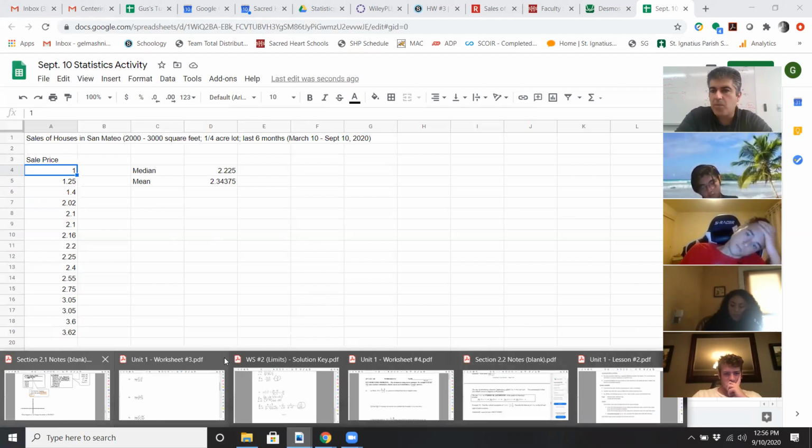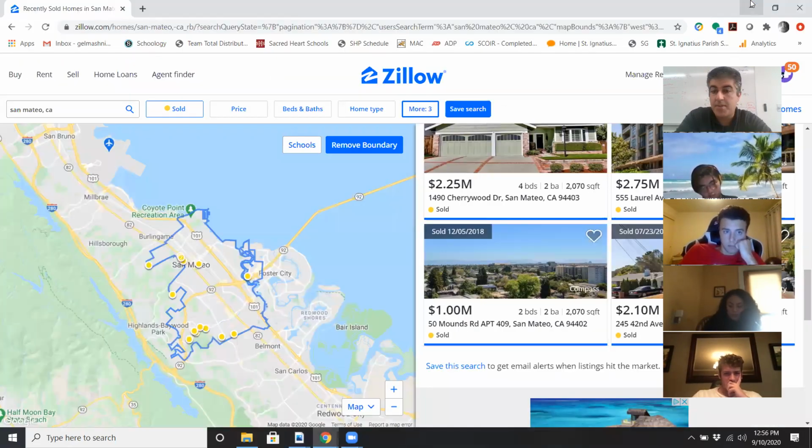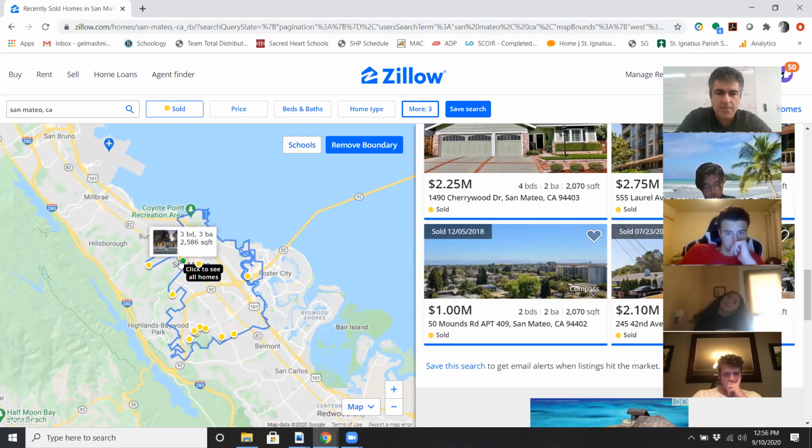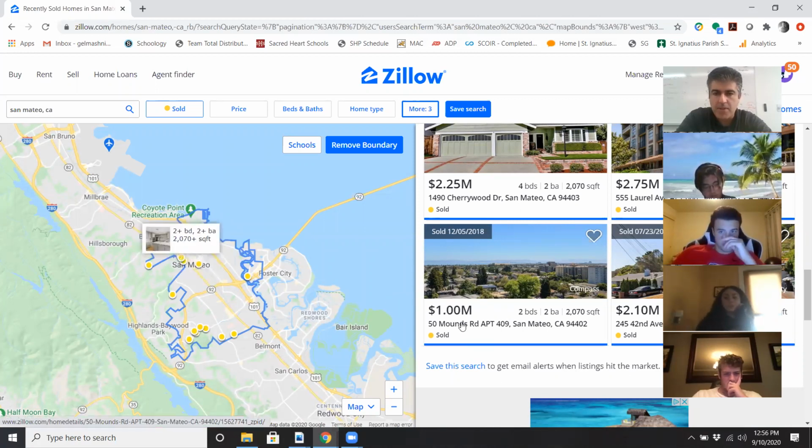So that's an example of skew. And that's just kind of a real life example, looking at sales of homes in San Mateo. You can see they even show you a nice map there where the homes are located. And sometimes you could even click on the homes to understand, like, where is this house? Okay, maybe it's over here, or it's an apartment, so that's why it's probably a little lower.